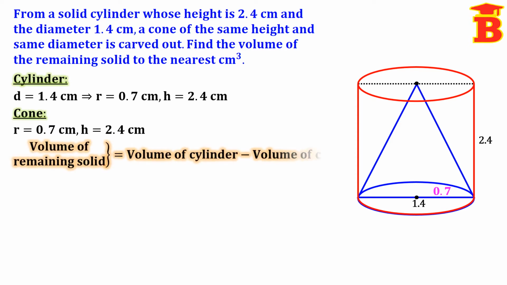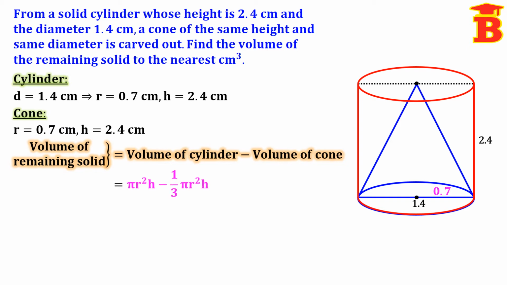We have to find the volume of the remaining solid, that is equal to volume of cylinder minus volume of cone. Since the cone is removed out, we have to subtract that volume. So volume of cylinder minus volume of cone gives the volume of remaining solid.